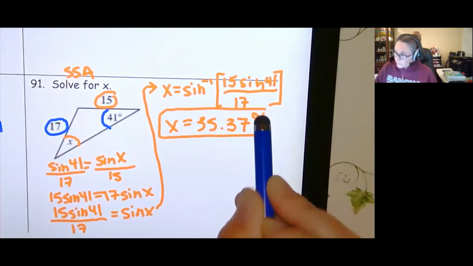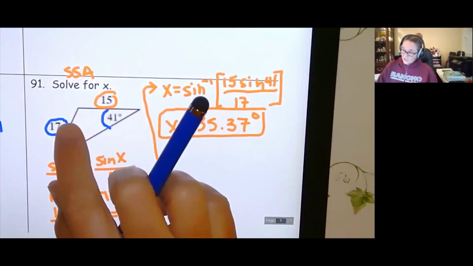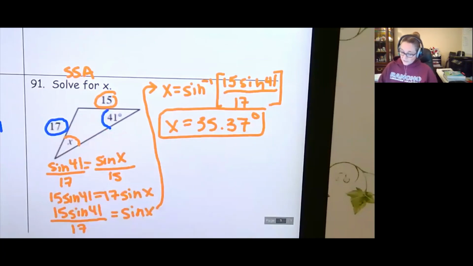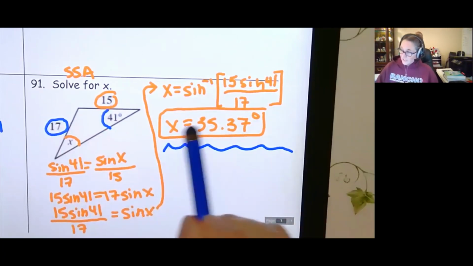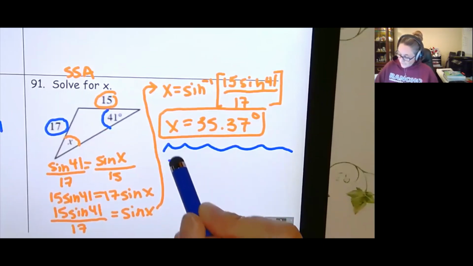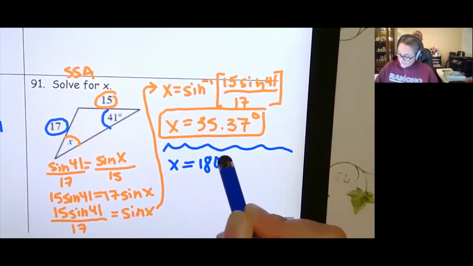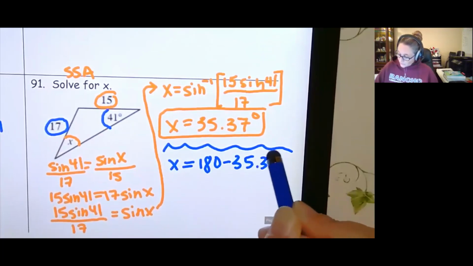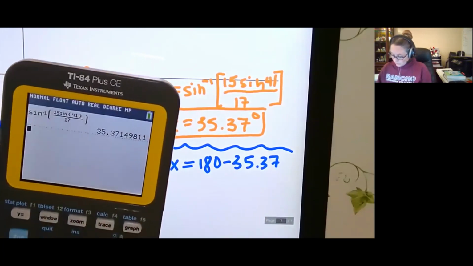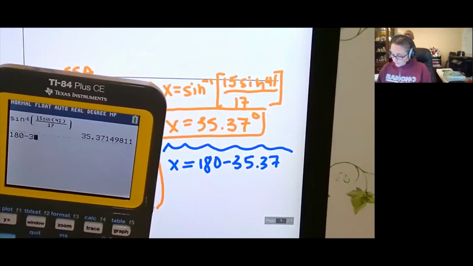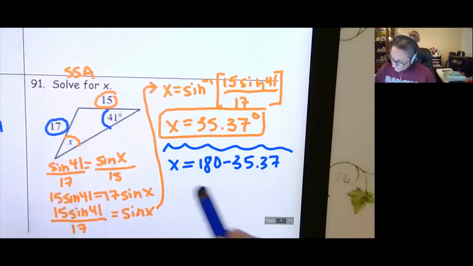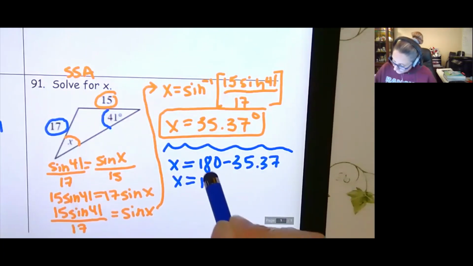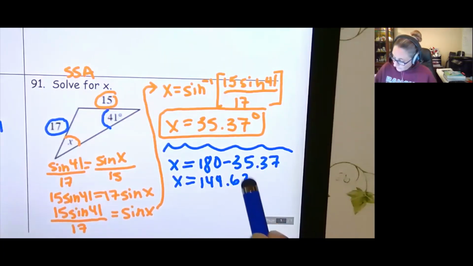Now, again, since it was side, side, angle, it could be one that has an ambiguous case. So let me see about the other angle. So x could possibly be 180 minus the 35.37. And so when I do 180 minus 35.37, I end up getting 144.63.